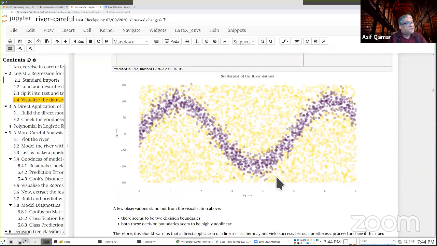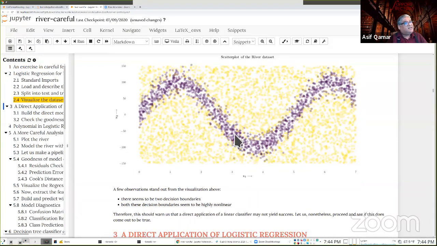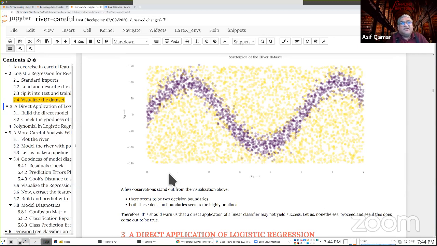With this dataset, we call this inner region the river, and then this the sand. That's the intuition we use to make progress with this. As we went through this workshop, as we learned new algorithms, we tried to apply each of them to this dataset. It was a reference point to see how these algorithms work.